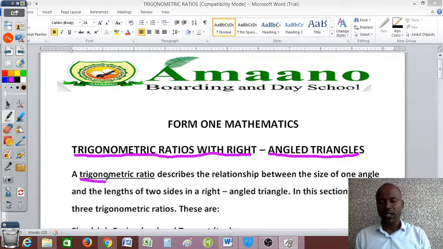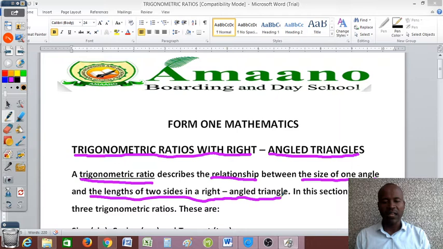A trigonometric ratio describes the relationship between the size of one angle and the length of two sides in a right-angled triangle. As you can see here, it says trigonometric ratio.